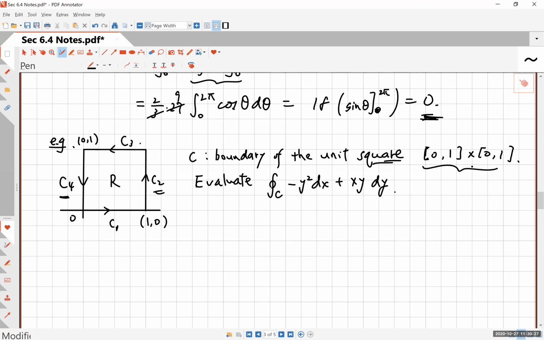Now, you have to evaluate this. I haven't used this kind of notation very often yet because this is not my favorite way to write dx and dy. But when you see a problem like this, oh, by the way, I should have also mentioned this.